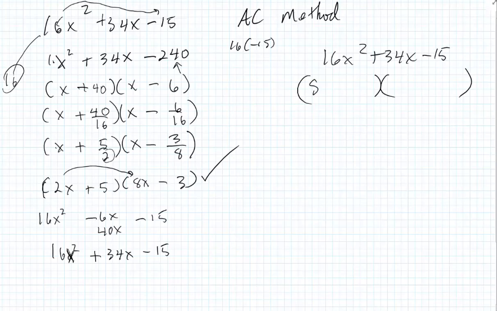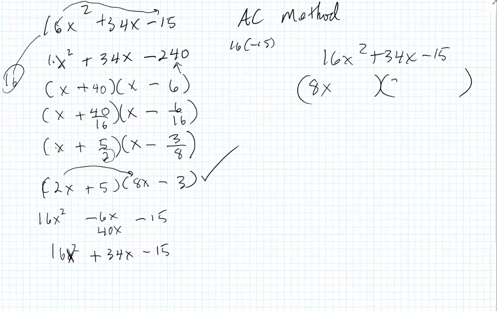I'm going to go with the 8 and 2, which is probably what I would try initially, but you never know. We're guessing at this point. It could have been 4x and 4x. We don't know that. In other words, assuming we didn't know that this was our correct answer over here, we're just jumping into this problem from the beginning.